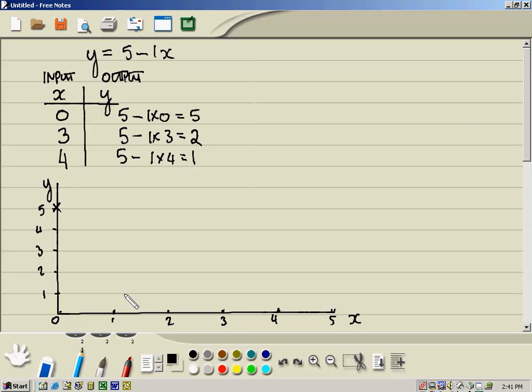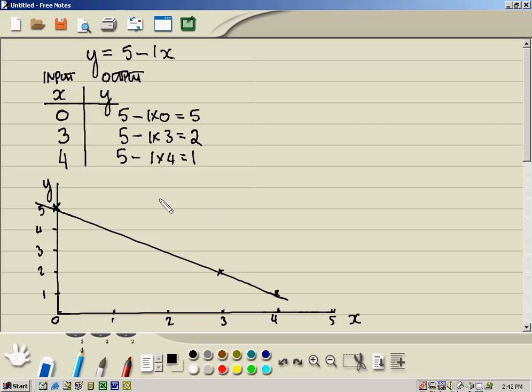Alright, next point is where x is 3 and y is 2. It's here. And last point where x is 4 and y is 1. It's here. Let's join those. And we can join those points, and we roughly have a line that goes like that.